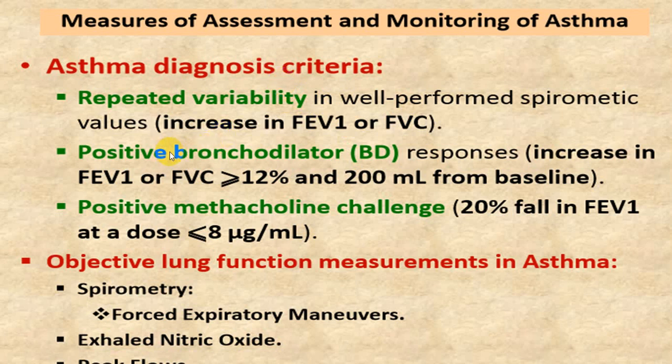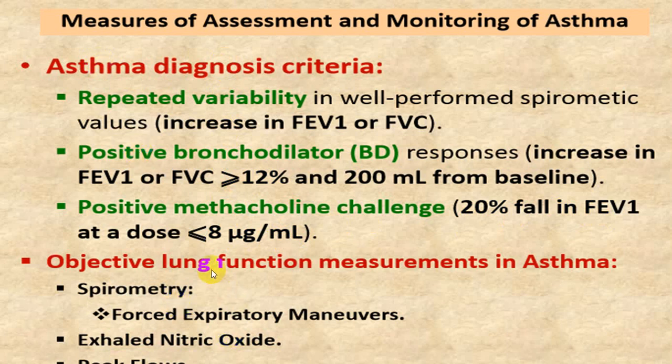The bronchodilator test will be positive where FEV1 or FVC changes by 12% or 200 ml from baseline. And if you do a methacholine challenge test, there will be a 20% fall in FEV1 when you give methacholine at less than 5 microgram per ml. These three things are routinely done for the diagnosis of asthma.